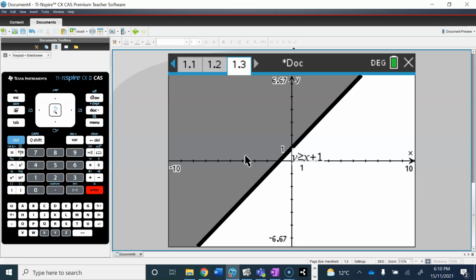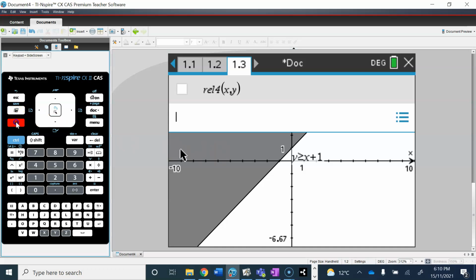Then to get another graph on the same set of axes, tab, and I want to type in x plus y is less than or equal to 3.